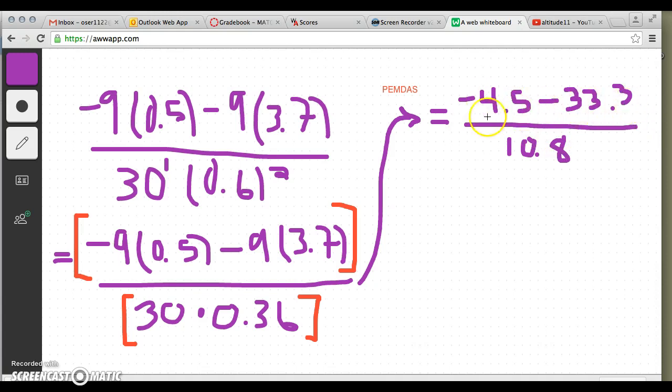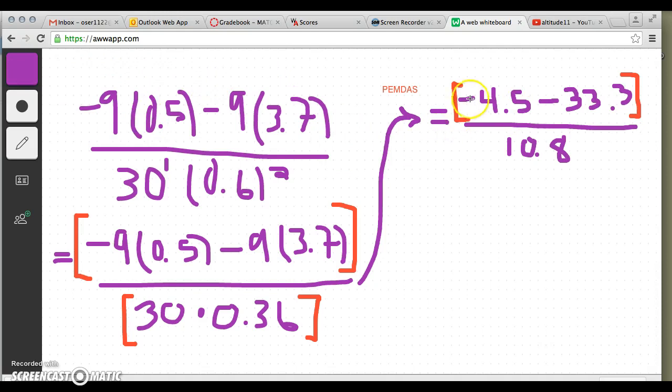We're going to take a numerator and divide it by the denominator 10.8. But you need to have a single number in your numerator and in your denominator. We're good here in our denominator. However, we still need to simplify this numerator into a single number. In other words, we can imagine that there is a set of parentheses here. We need to subtract up here to get that single value.